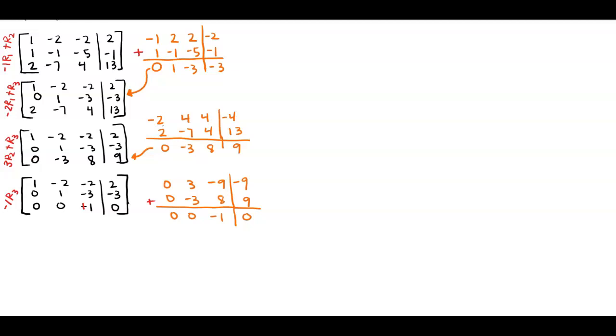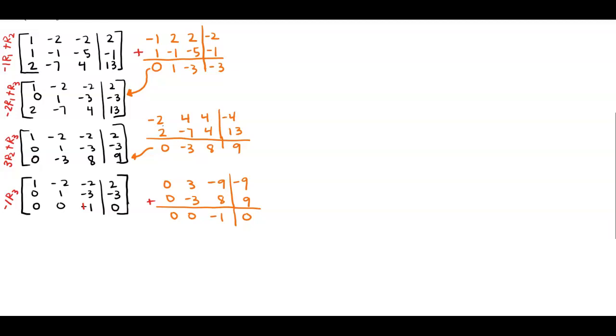Okay, so this is where I said we're doing row echelon form. We could do reduced row echelon form and get these other 3 numbers up here to be zeros, but notice what I'm going to do now. I'm going to take this matrix and write it in equation form.